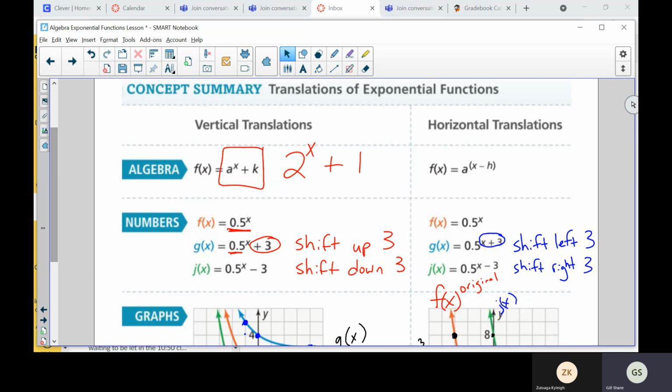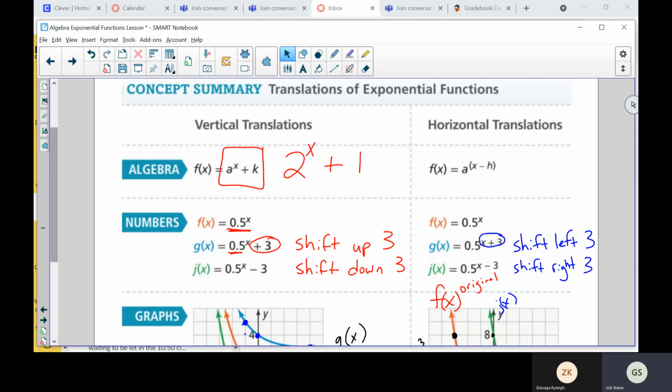Again, the key is I'm adding to the whole equation. I'm taking this entire thing and adding the 3. I'm not doing what they did over here. Here they took the x value, the exponent, and just added 3 to the exponent itself. So this is very different than what they're doing here. Here they're just adding the 3 straight to the exponent x. Here they're actually adding the 3 to the whole entire equation.